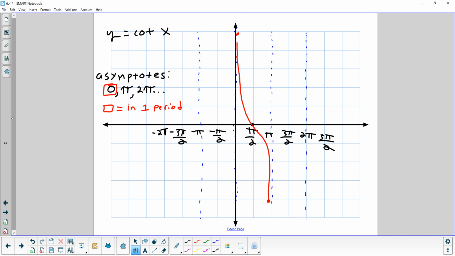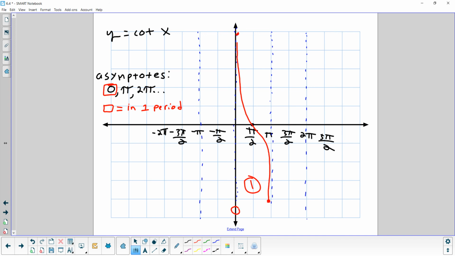Again, same kind of deal with asymptotes. Asymptote can't belong to two cycles. Each asymptote belongs to one cycle, just like in tangent. And let's look at how quickly this graph is cycling. That's one cycle between those two blue lines.